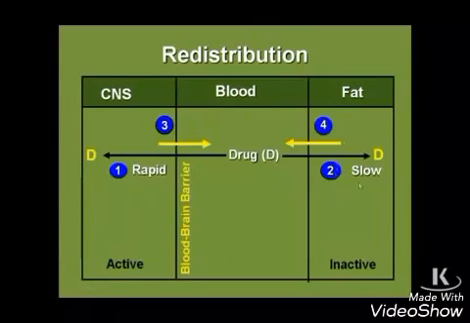Because you're starting to accumulate drug in the fat. And if the drug accumulates in the fat, this movement right here is going to be even slower, leading to the drug staying in the blood and possibly moving back into the CNS. So for drugs that are redistributed, multiple doses of those drugs can actually begin to saturate the fat and increase the effect, increase the duration of action of those drugs.